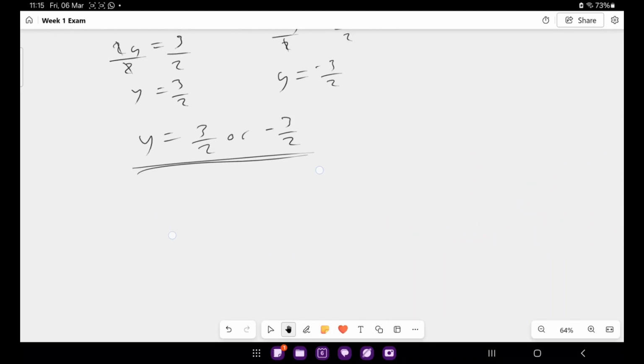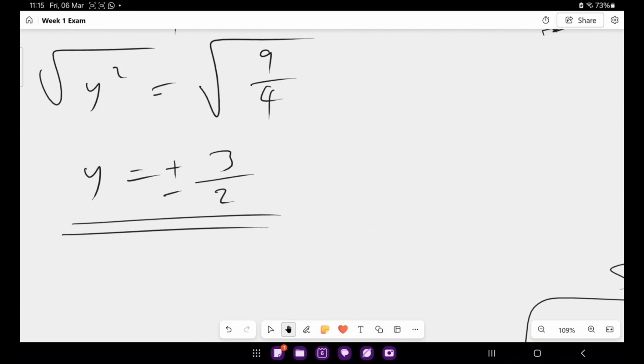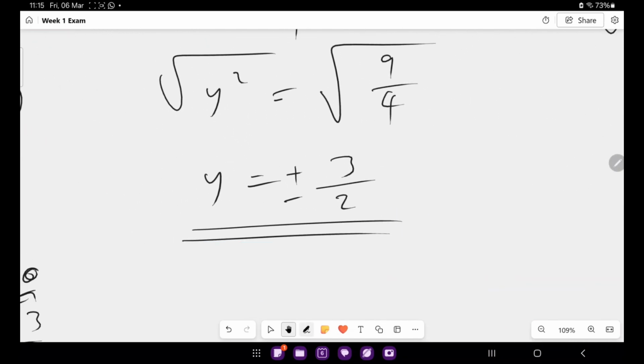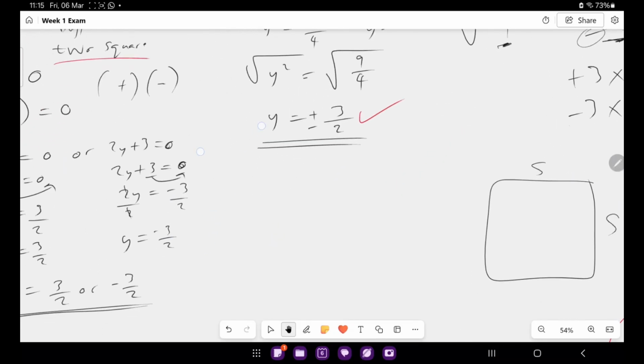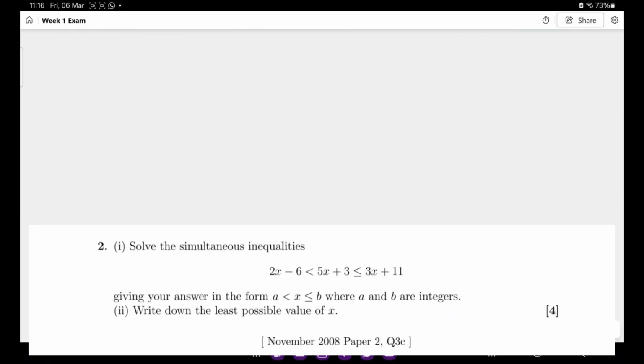So coming back, we got our answer y is equal to plus or minus 3, which is the same thing as here. Y is equal to 3 over 2 or minus 3 over 2, which is the same thing. Okay, number 2.